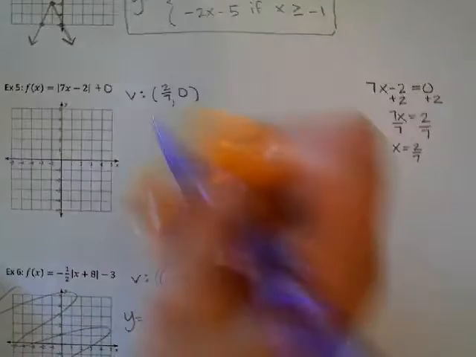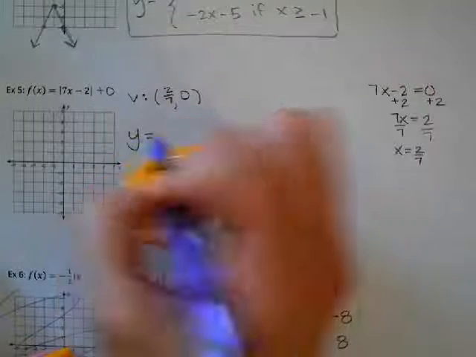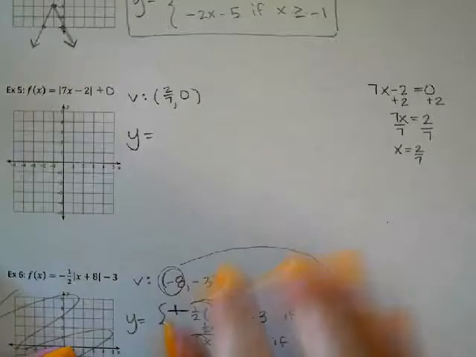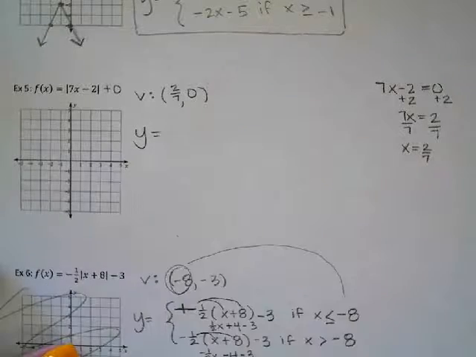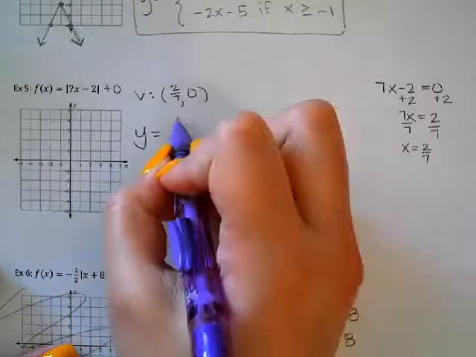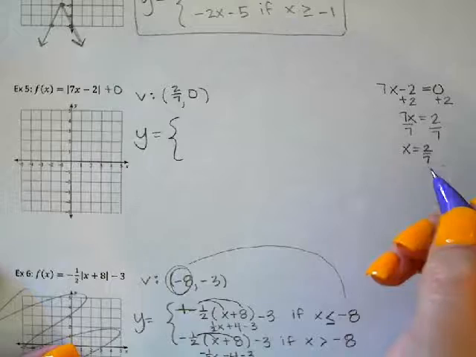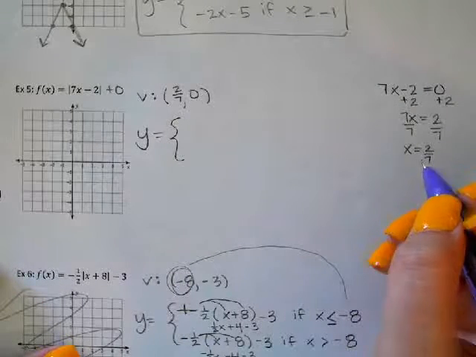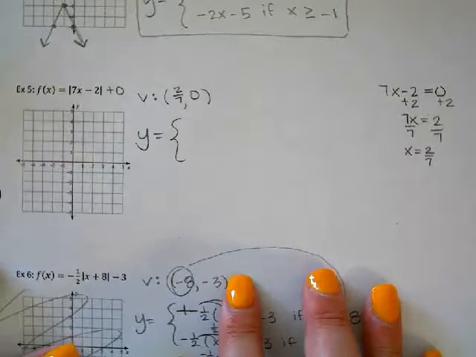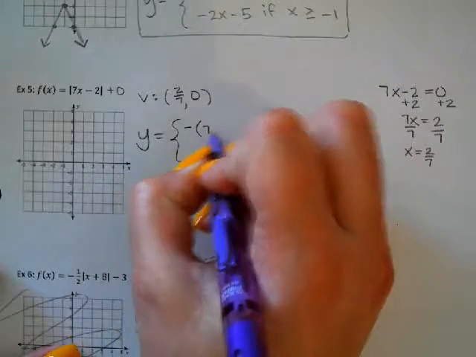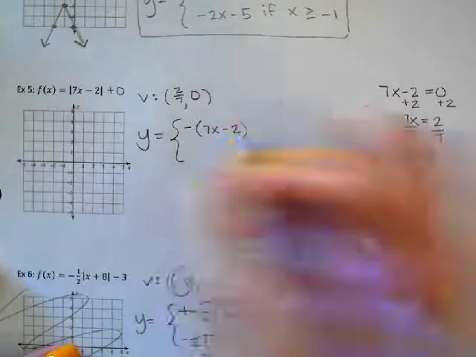So how do I start writing this piecewise function? The negative version and the positive version. Okay, so I've got the negative version. And you can put the plus 0 on the end if you want to.